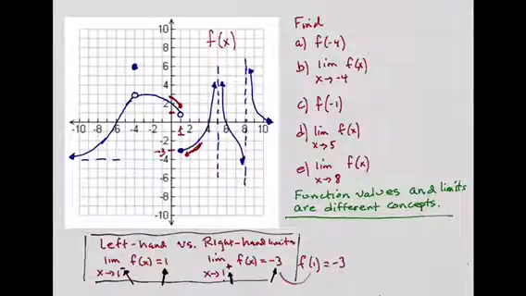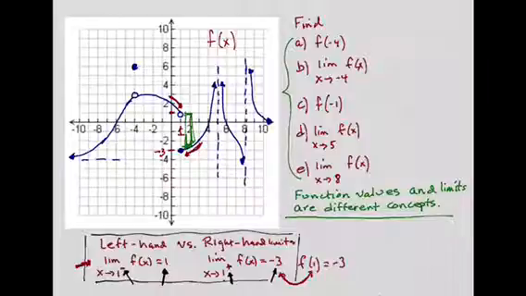So the right-hand limit and the function value match, but the limit of the function coming from the left-hand side equals 1. And so we have some jump discontinuity happening right in here. So take some time and pause this video for a while and see if you can come up with answers to those.